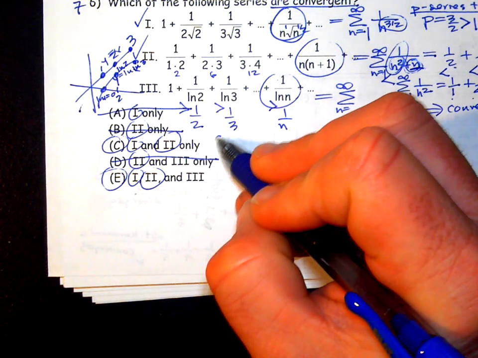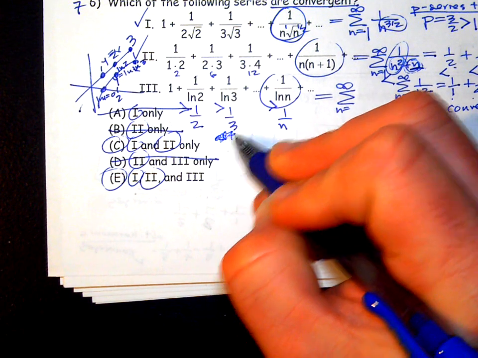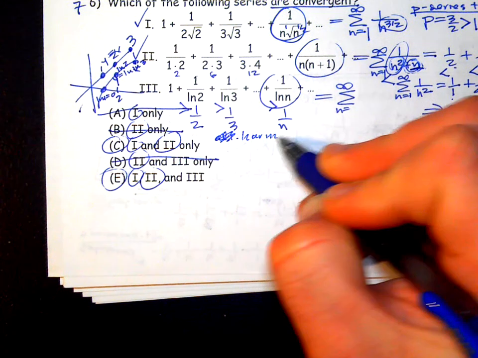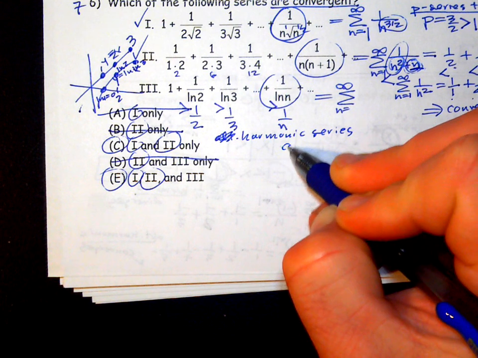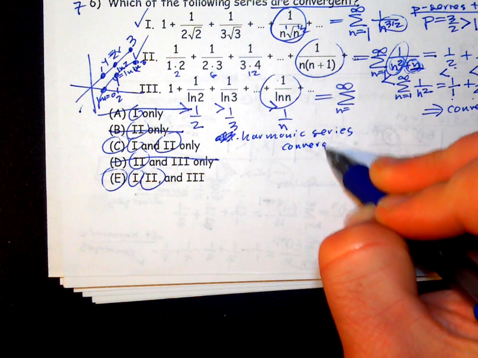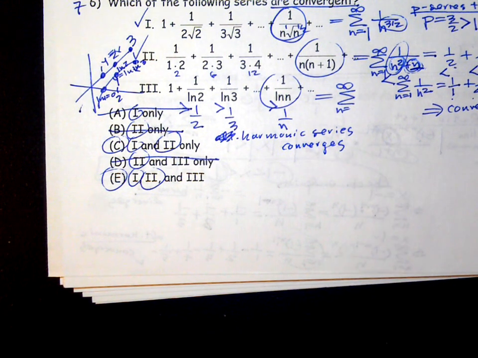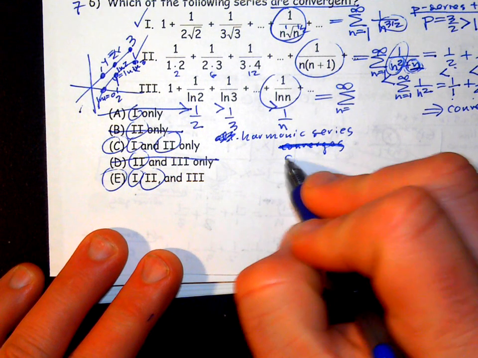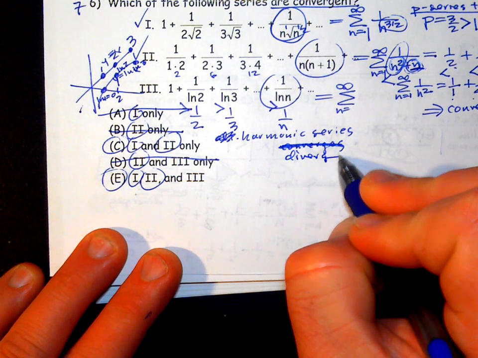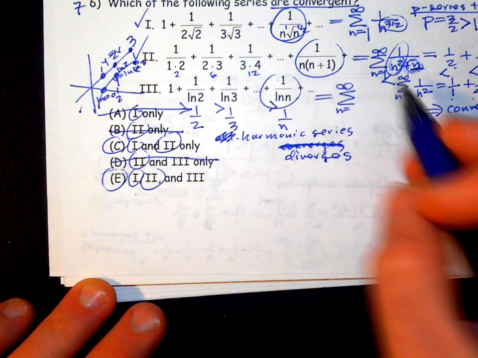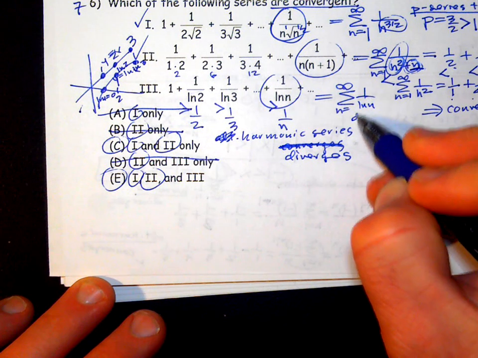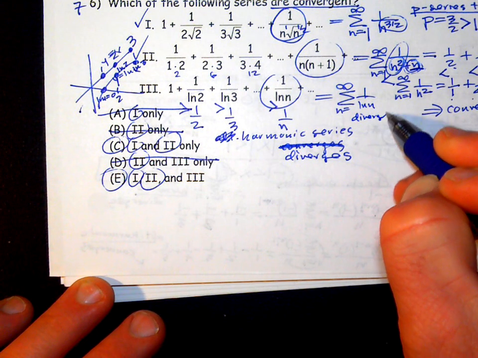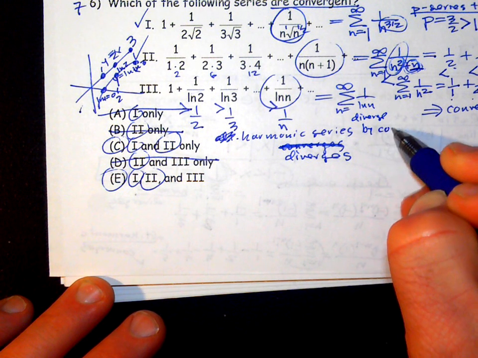And since this is the harmonic series, which we know diverges, just because we remember it, otherwise you could prove it's a p-series, p equals 1, diverges. Harmonic series always diverges. And since our terms are bigger than it, ours is going to diverge by the comparison test.